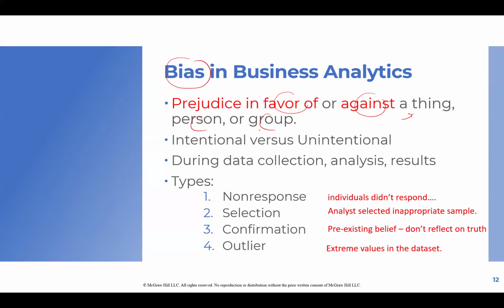For example, among all the fruits, if I ask which fruit you like, maybe apple. You want to collect the favorite fruit from the population of Montreal. So you can influence people: oh, don't you like apple? The question is not about apple. The question is about which fruit you like to eat.